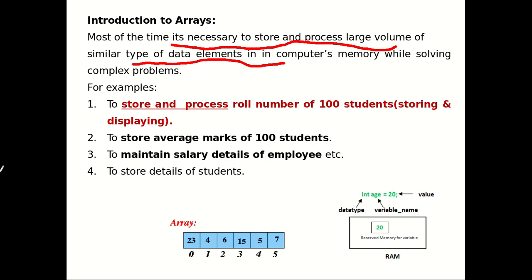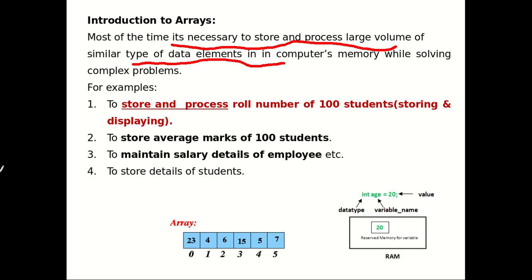Say I want to store and process the roll number of 100 students or 200 students or sometimes 1000 students and more than 1000 also. So here the roll number of the student is similar data type, so homogeneous data type.